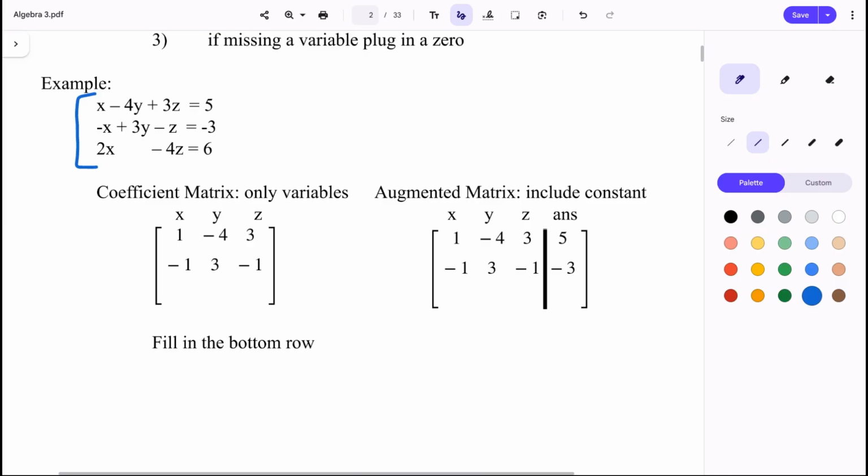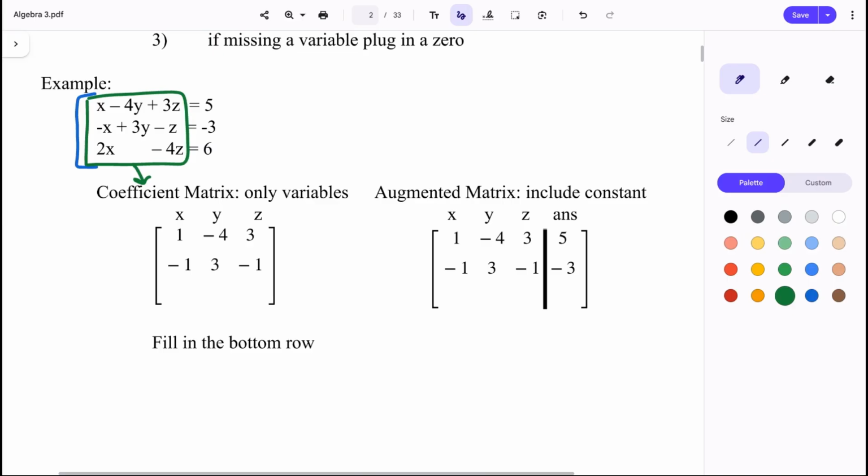If they only wanted the coefficient matrix, that means you're only focused on the variables. So only the pieces that are on the left side of the equal sign would come down here to the coefficient matrix, and only the numbers that are in front of the letters. Notice how down here there are no letters, just the numbers. So 1, -4, 3, -1, 3, -1. That's all coming from those letters up above.